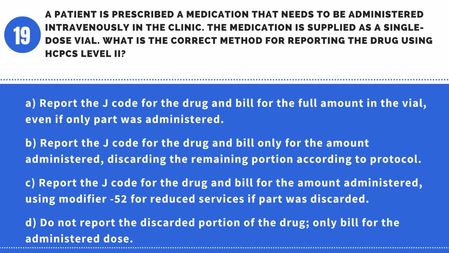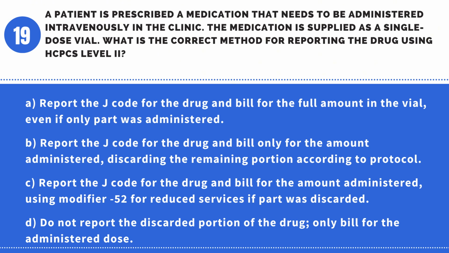Question 19. A patient is prescribed a medication that needs to be administered intravenously in the clinic. The medication is supplied as a single-dose vial. What is the correct method for reporting the drug using HCPCS Level II? A. Report the J code for the drug and bill for the full amount in the vial, even if only part was administered.